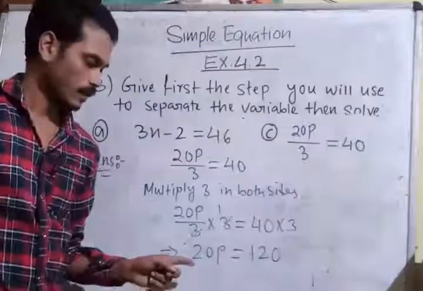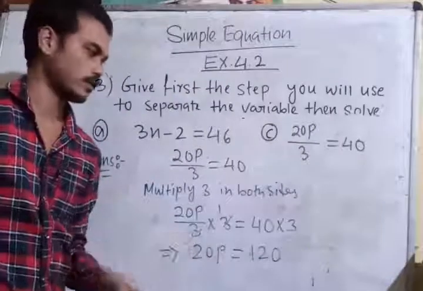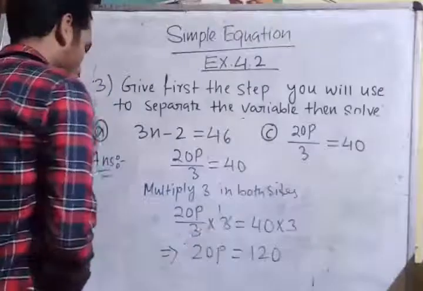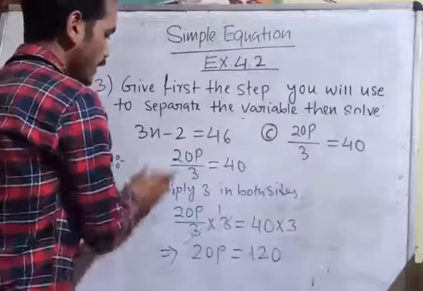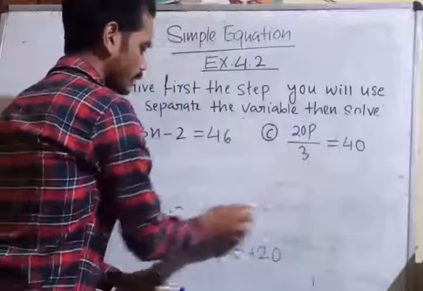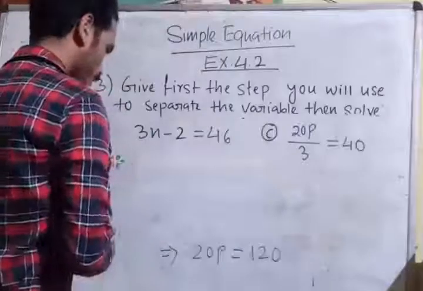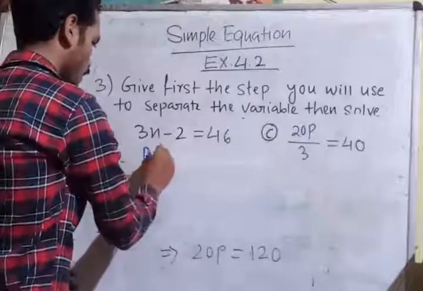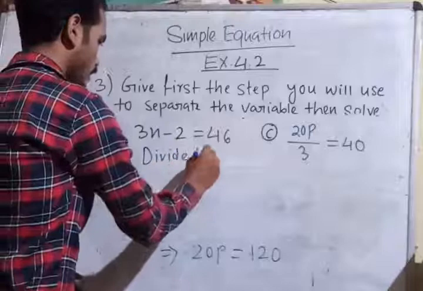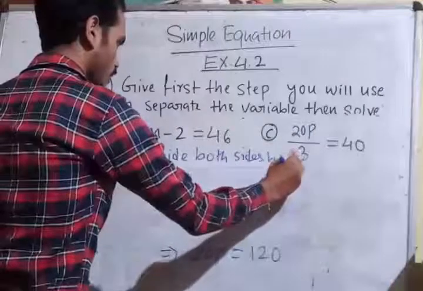Still with the variable one number is there, this is 20, we need to remove this 20 also. To remove this 20, it is in multiplication form, so you have to divide it. Divide both sides by 20.